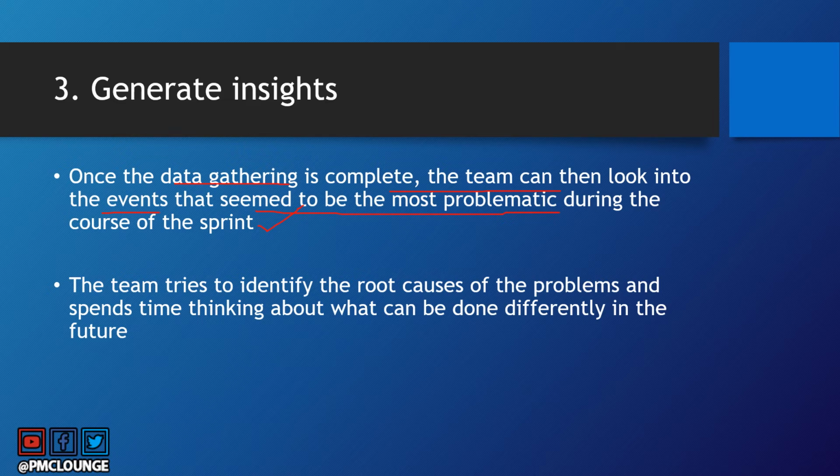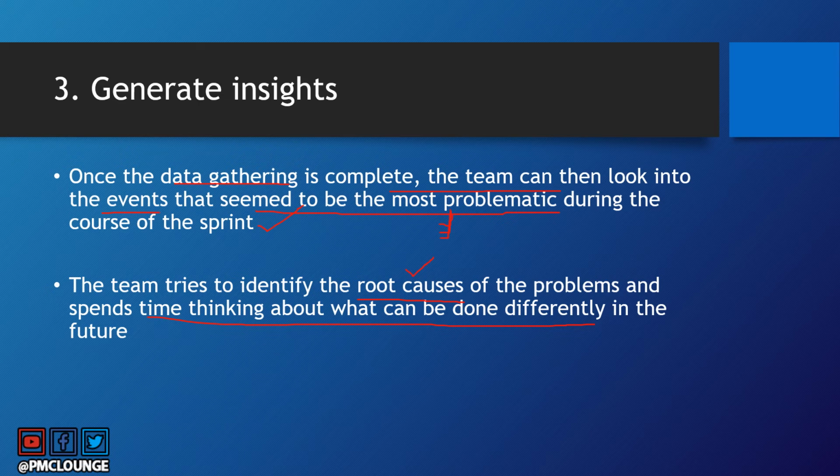The team tries to identify the root cause of the problems and spends time thinking about what can be done differently in the future. Very, very important. You already know which event or decision was most problematic for most people. It must have been a low point for a lot of people. So now you are going to identify the root cause.